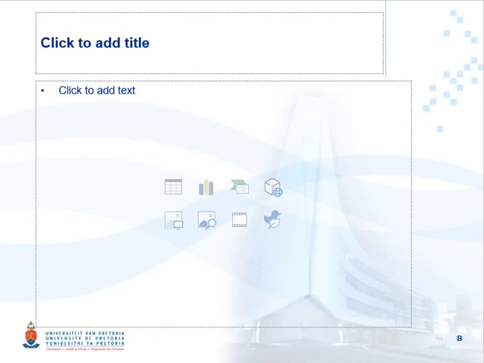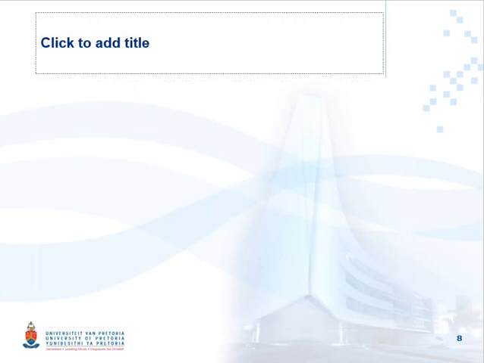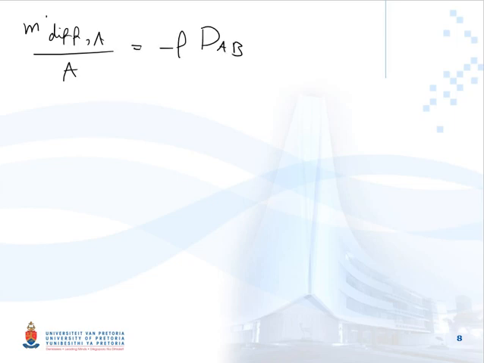Let me just open another page and continue that. Let me write it down one more time, and after that we can continue from that. So m dot diffusion of A divided by A, from Fick's law, is minus rho D_AB dWA/dx.